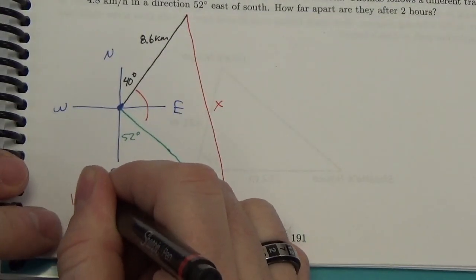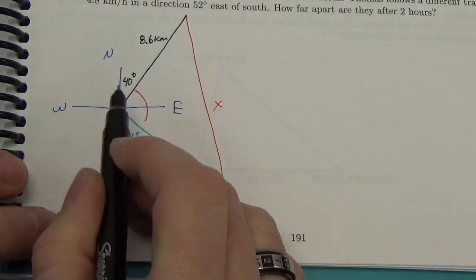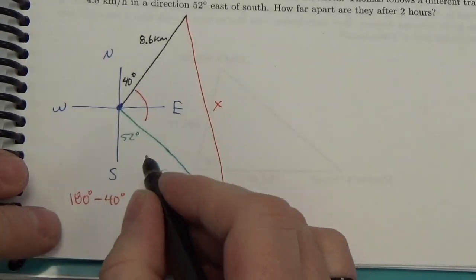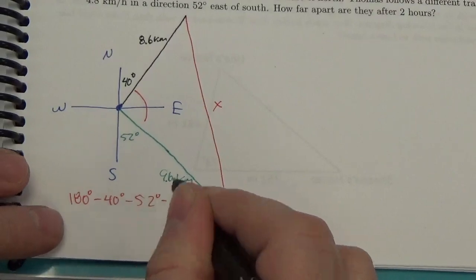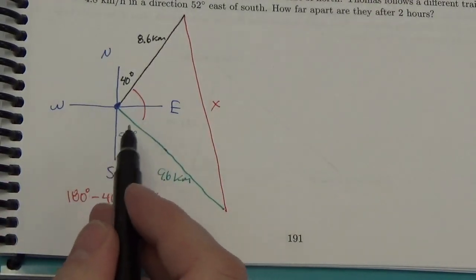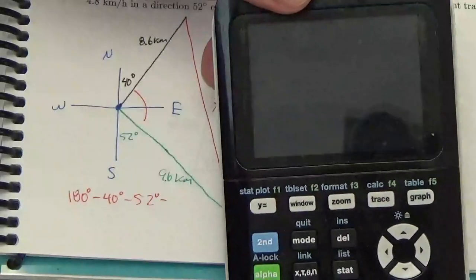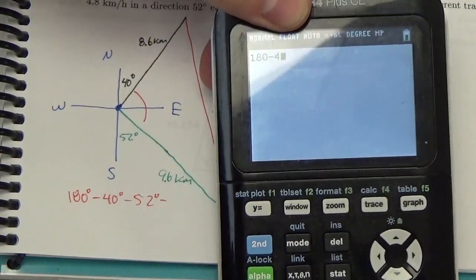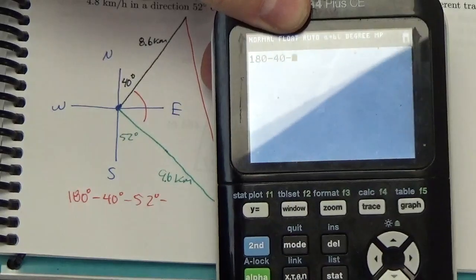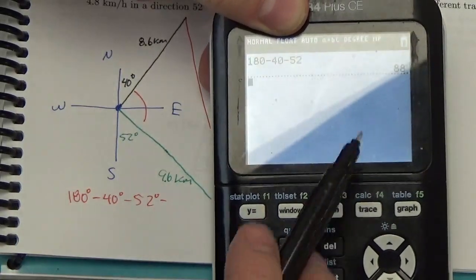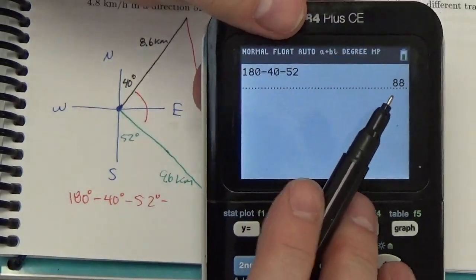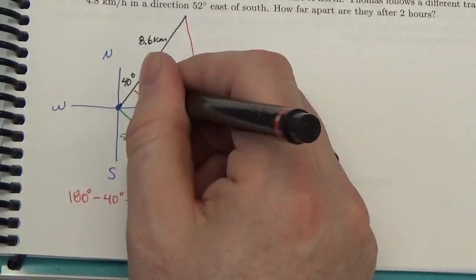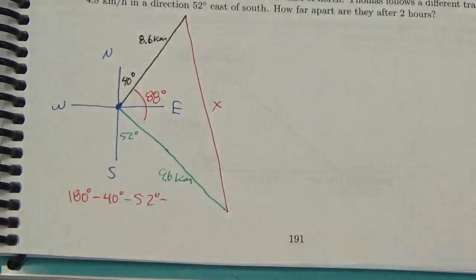So 180 degrees minus the 40 degrees at the top that's not in the triangle, minus the 52 degrees down here that's not inside the triangle, should leave me with what's left in the triangle. So let's go 180 minus 40 minus 52. We get 88. So this angle here must be 88 degrees.